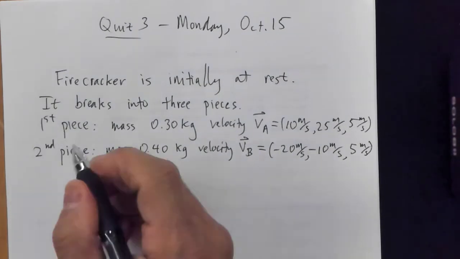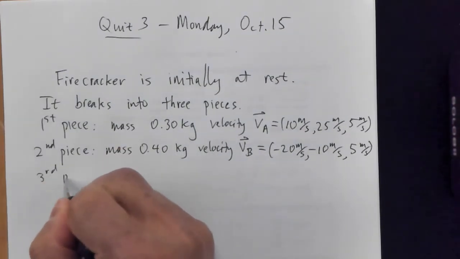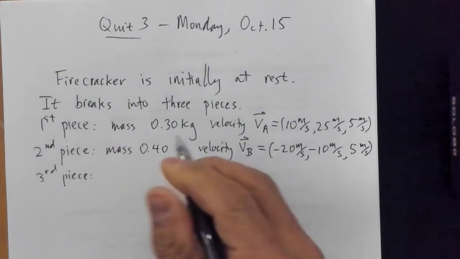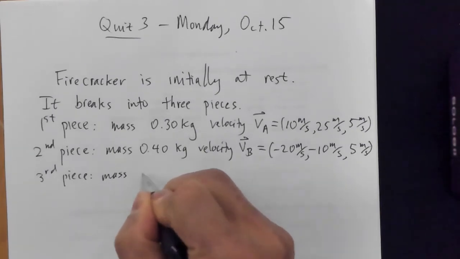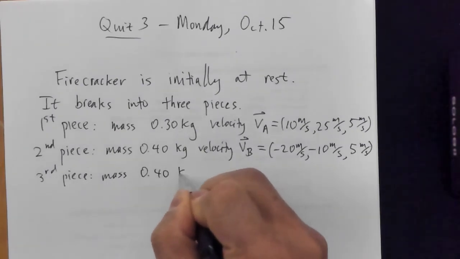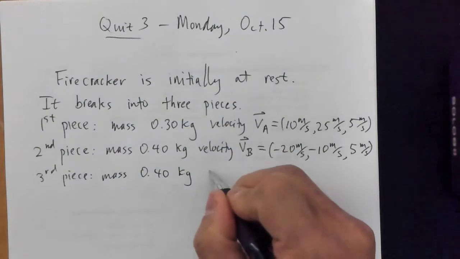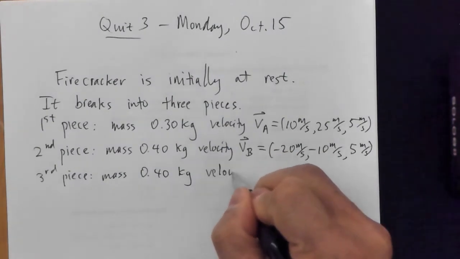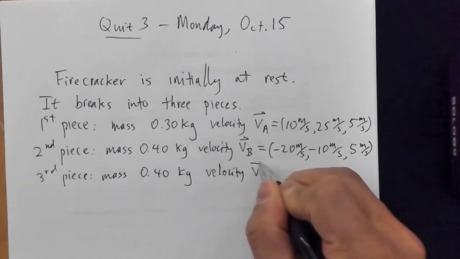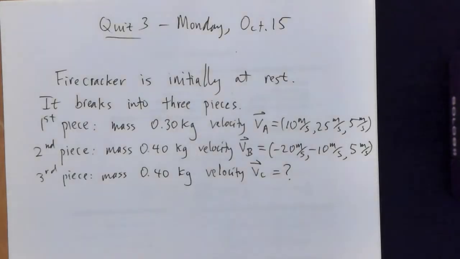The question is, we have the third piece, and it has mass also 0.40 kilograms, and we want to know what is its velocity, VC.